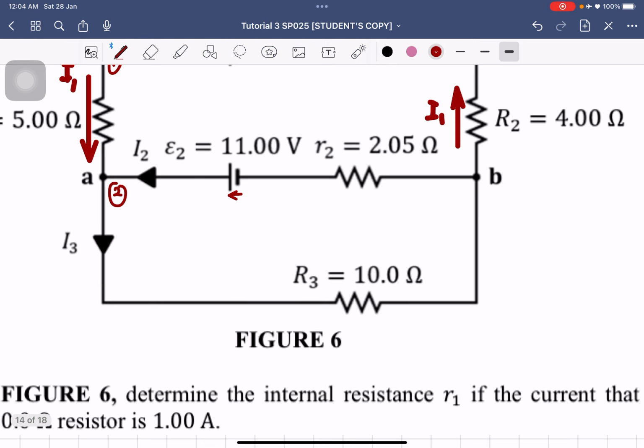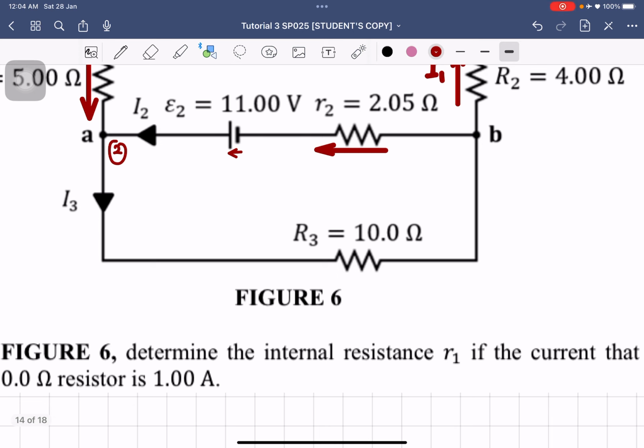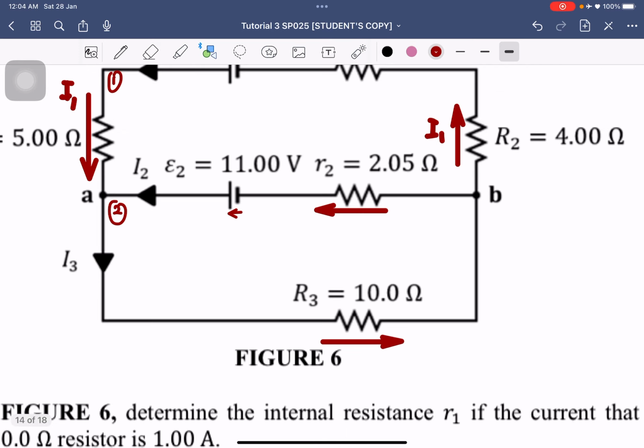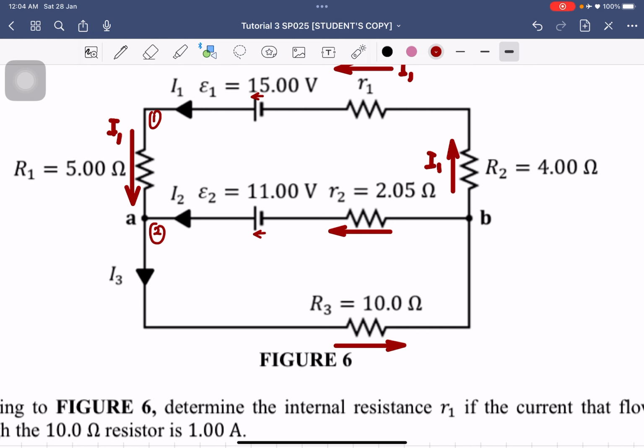If I2 is here, this one will be I2 as well, so it's pointing to the left, and then we have another resistor here, so this is the third current, pointing to the right on resistor number 3. That is basically all the resistors.